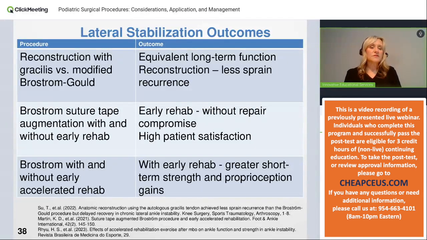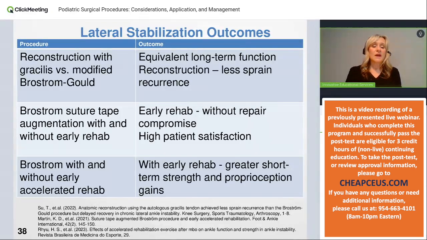Looking at some outcomes for lateral ankle stabilization procedures. I'll be honest, a lot of them, it was really difficult to tell what are the actual rehab protocols that they're utilizing. On the upside, the good thing is they all have positive outcomes.